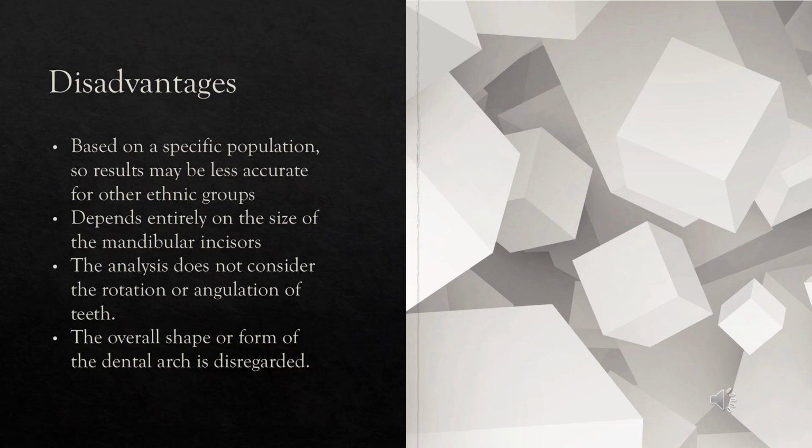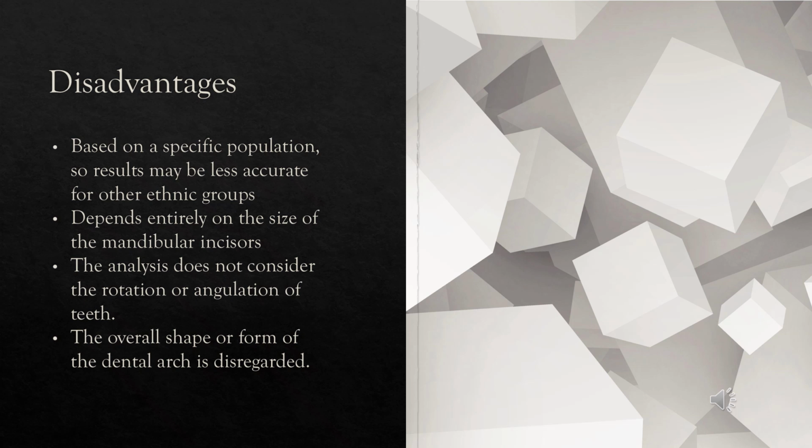Although Moyers analysis is a useful tool, it does have some limitations. First, it was developed using data from a specific population, mainly Caucasian children, so it may not be as accurate for patients from other ethnic backgrounds. It also relies completely on the measurement of the mandibular incisors, which means if those teeth are unusually small or large, the prediction might not be accurate.